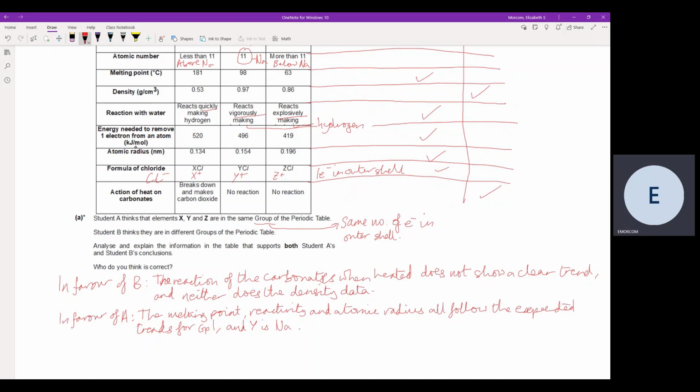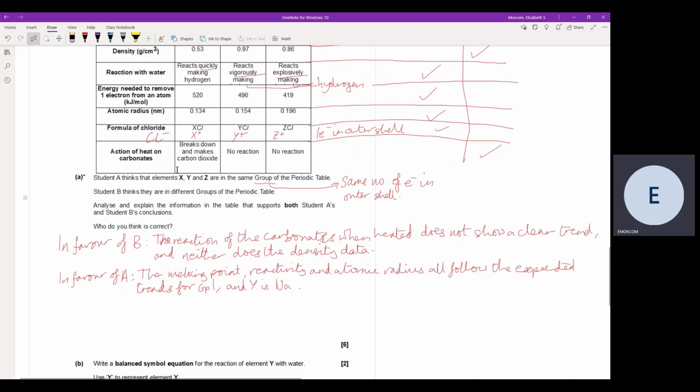Okay, then the really important bit, the formula of the chloride.